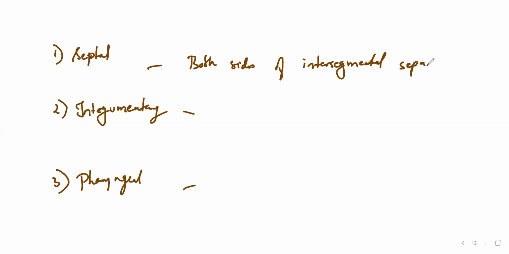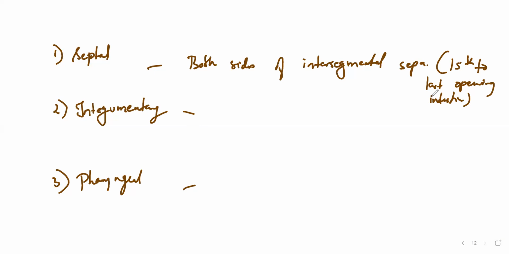Intersegmental septa means from the 15th segment to the last part where the intestine opens. Till there you will find this septal nephridia.